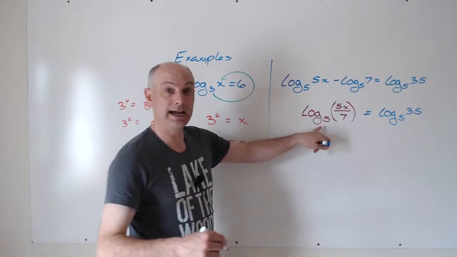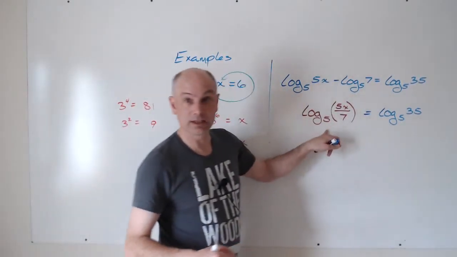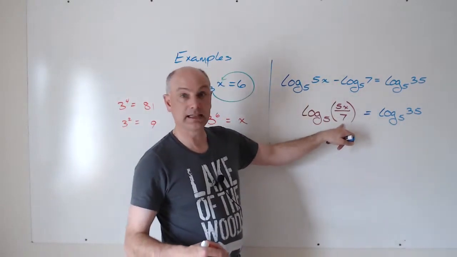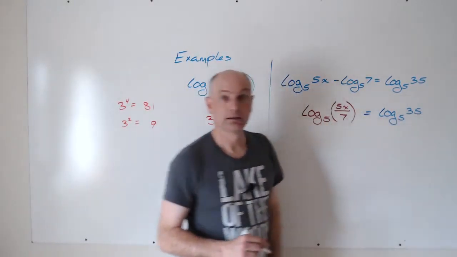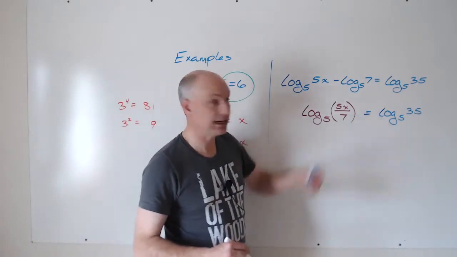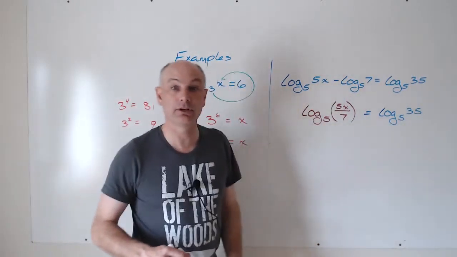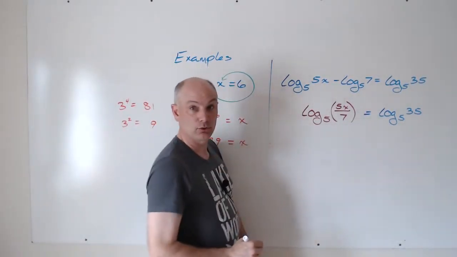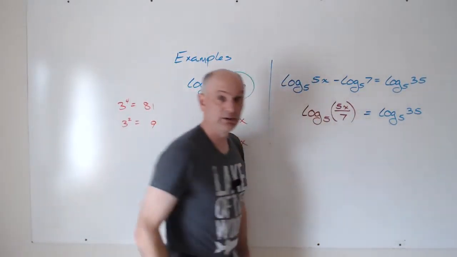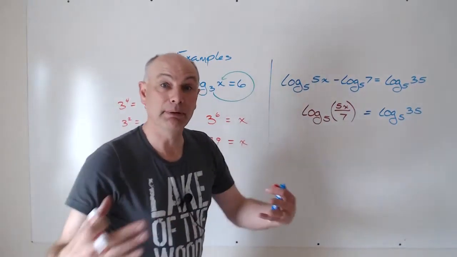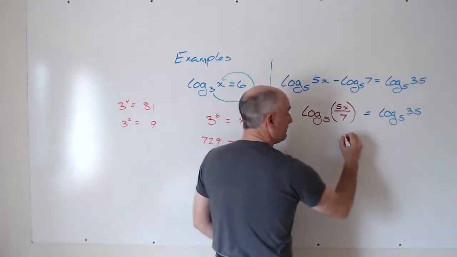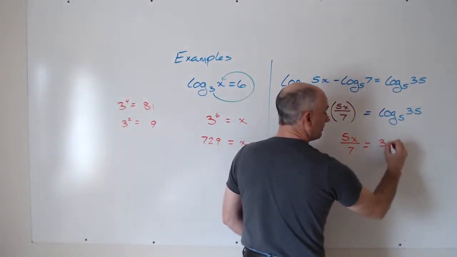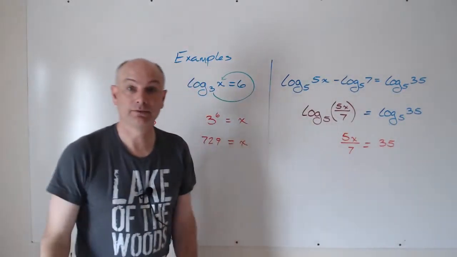So when I have two logarithms using the same base, one on the left side, one on the right side, I can set the quantity you're taking the logarithm of on the left side equal to the quantity you're taking the logarithm of on the right side. So log base 5 of 5x over 7 equals log base 5 of 35 would imply that 5x over 7 would have to be equal to 35.